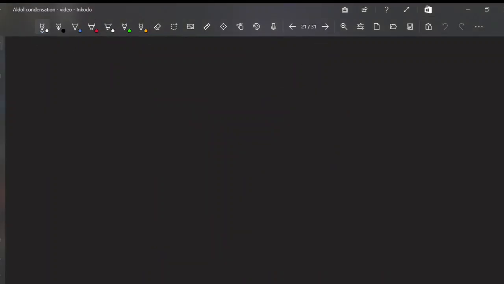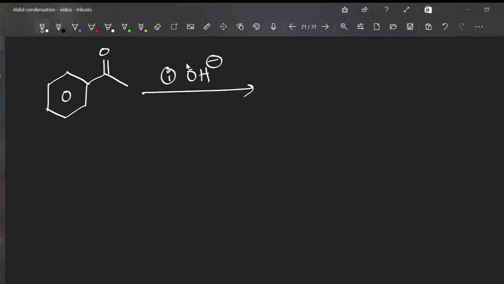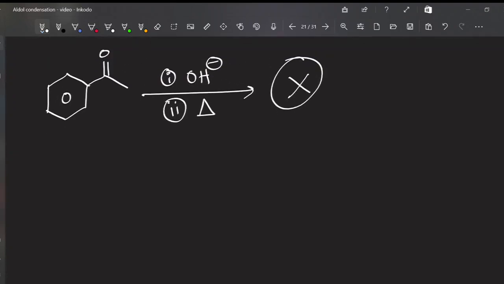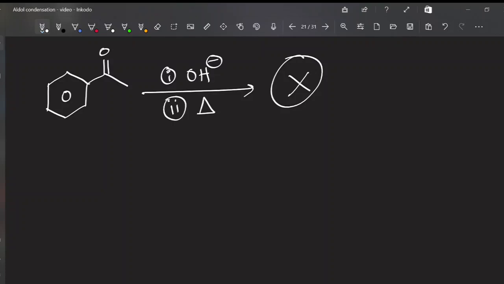Let's see another question. You take acetophenone, and then aldol condensation followed by heating. What's the product? Come on, you try to identify that. Again, just simply what you have to do, one side benzene, another side we have a methyl with a double bond O. So we have alpha hydrogens on the methyl.